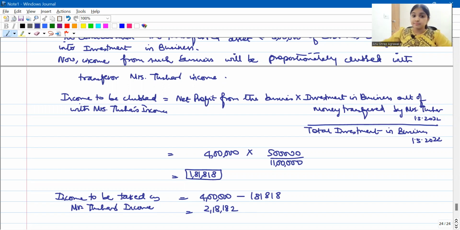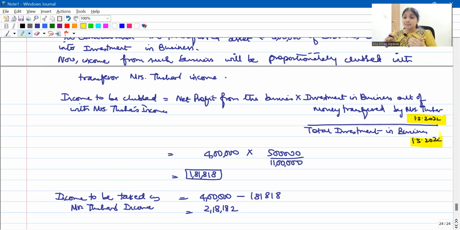This is how much will be taxed as Mr. Tushar's income. Okay, so we used our formula: net profit for the year into amount invested in the business out of transferred asset on the first day of the year. Here, instead of the first day of the year, I will take when I started the business, divided by total investment in the business on the first day of the year. Please don't forget, numerator and denominator, both first day of the year.